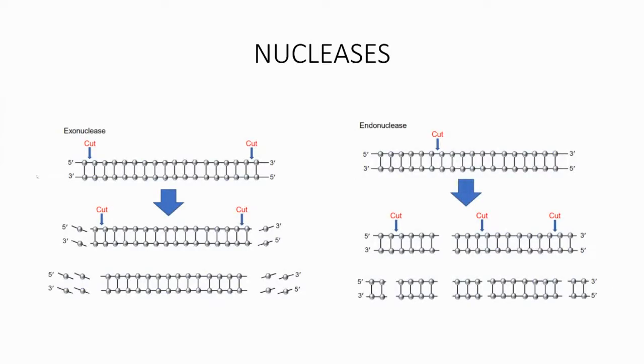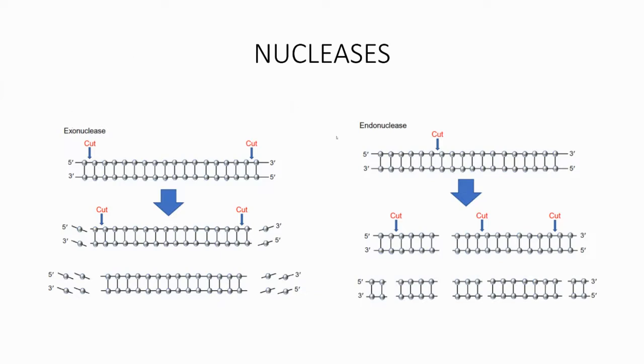And to manipulate the nucleic acid, we have two different types of enzymes, and we call them nucleases. Nucleases can degrade the DNA molecule by breaking the phosphodiester bond. And the nuclease can be an exonuclease or an endonuclease.